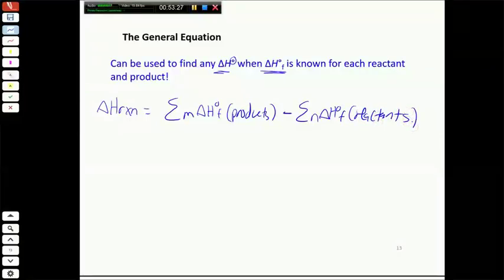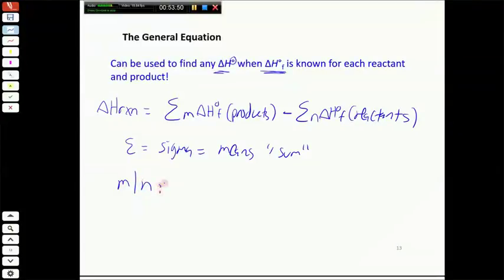Okay, so it's the sum of delta H of formation for all the products minus the sum of the delta H's of formation for all reactants. Remember, as we saw earlier in this course, this Greek letter sigma tells us that we're adding them all together. And M and N here are the respective coefficients for each reactant and product.